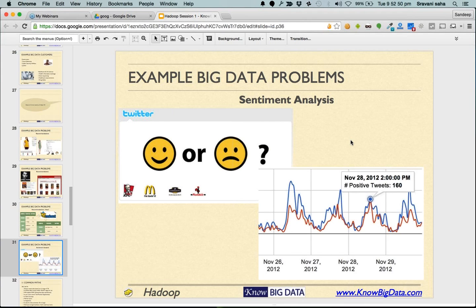This is very useful when we deal with a public brand.